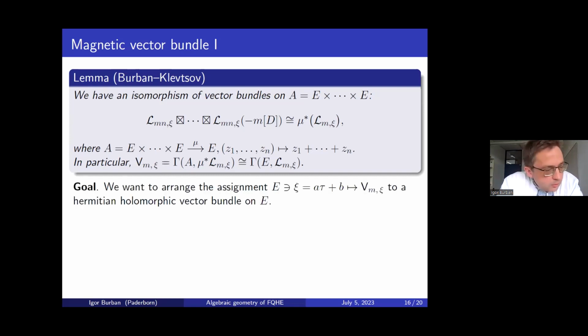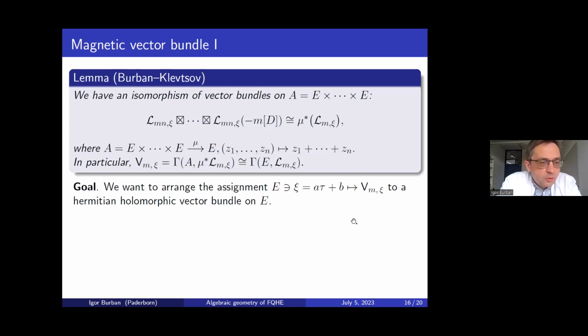And now I want to proceed slightly to the result. So what do we have? We have an integrable system. So we took a number m. There is a dependence on xi, which enters actually in the spectral problem of a one particle system. And we want now to make an assignment to a point xi of my torus of this vector space.